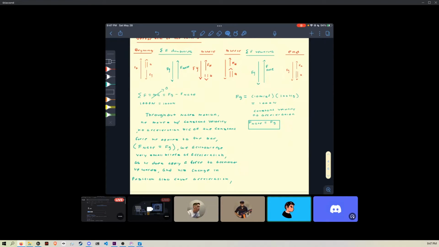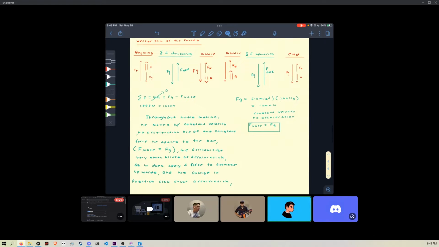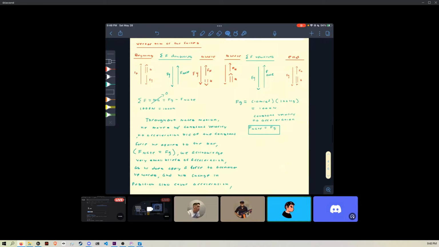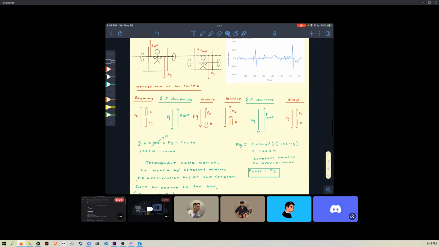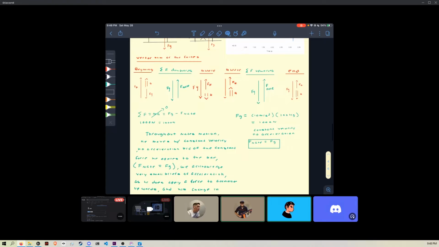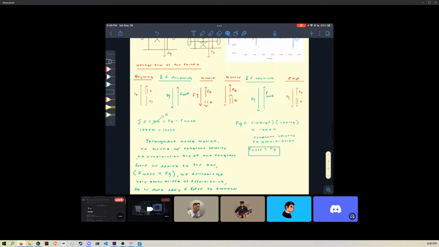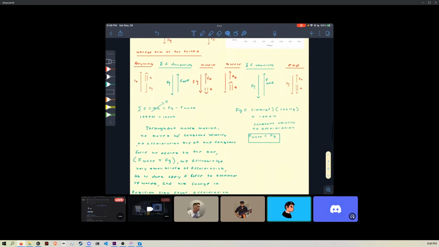So continuing on, we calculated the force of gravity over to the right, using 10 meters per second squared, the acceleration due to gravity, and 100 kilograms, which came from the total mass of the weight of the barbell. As we mentioned before, the force of gravity is equal to the force of Nate for most of the motion.